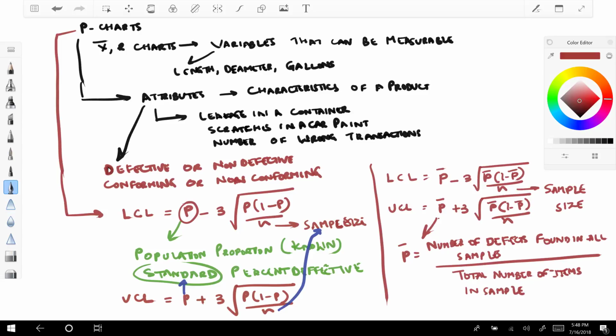That's how we define the upper and lower bound, and the center line in this case.